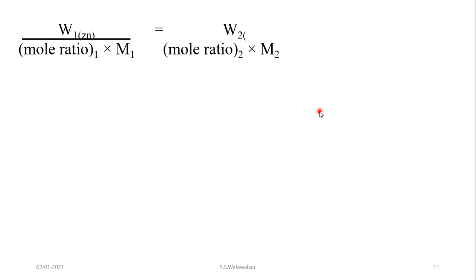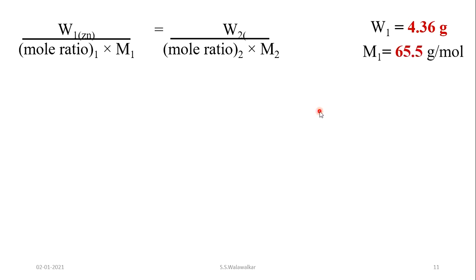So we have to use the formula W1 divided by mole ratio of zinc, that is reduction reaction of zinc, into molar mass of zinc is equal to W2 divided by mole ratio of the second, that is aluminium, into M2, that is molar mass of aluminium.